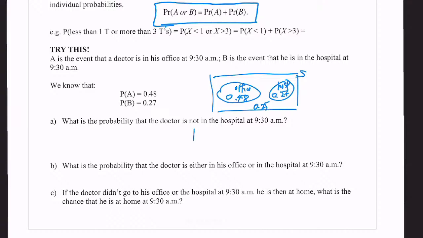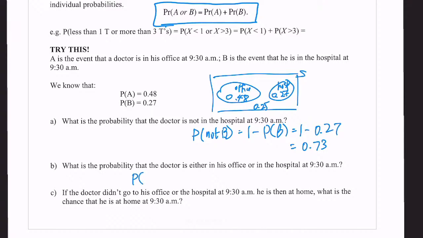Okay, so probability of not in the hospital is 1 minus B, so it's just 1 minus 0.27, which is 0.73.